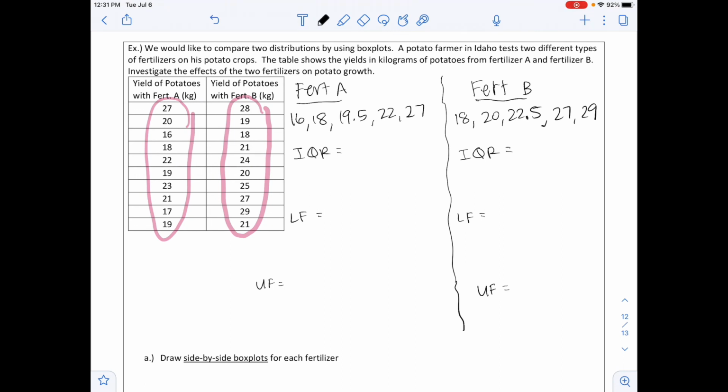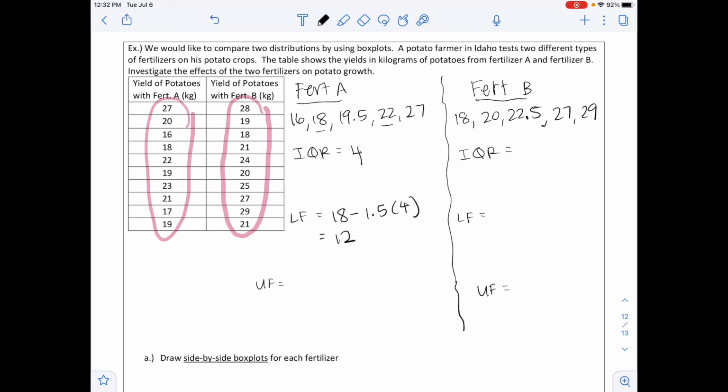So for fertilizer A, our interquartile range, 22 minus 18, would be 4. And then our lower fence is going to be 18 minus 1.5 times 4, which works out to being 12.